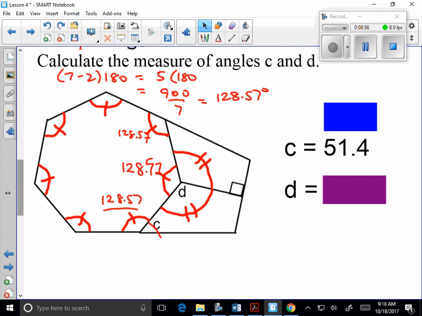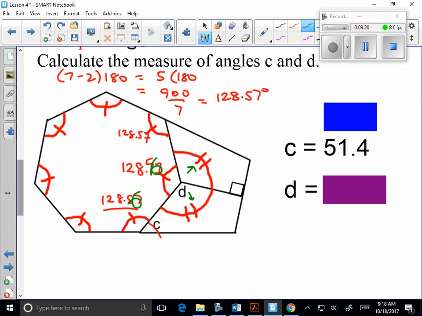It looks like I rounded this to 128.6, so that came out to be 51.4. So C is 51.4. And then what's true about these two angles? They're equal.